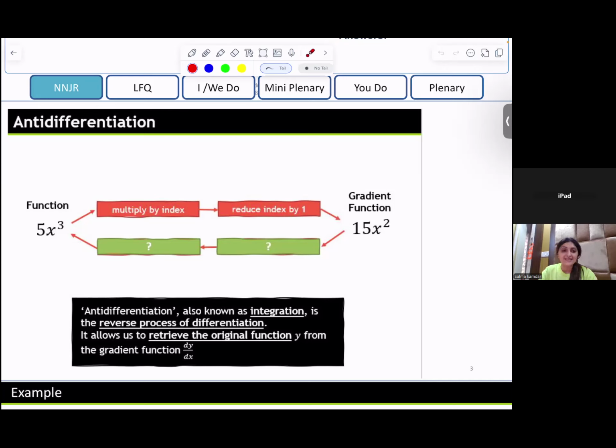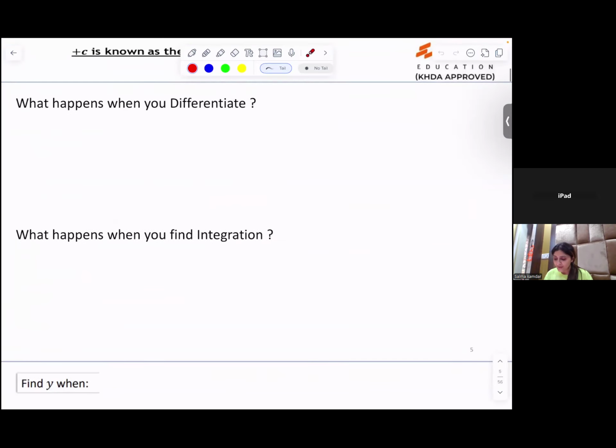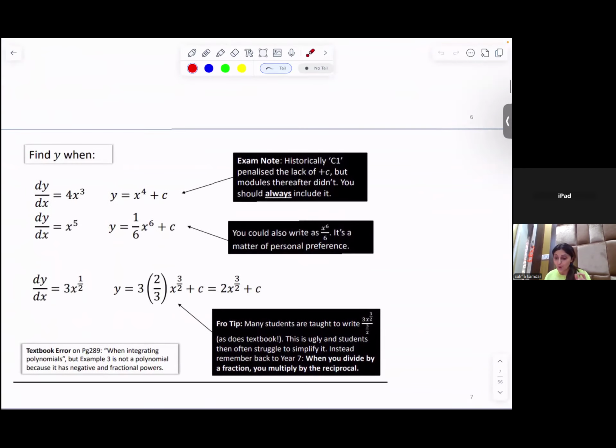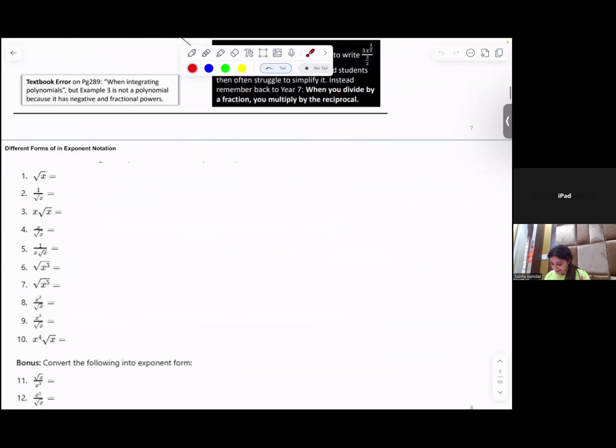So this is called anti-differentiation. Let's try and strengthen our skills of integration. You differentiate, you find the gradient. When you do integration, you get your original function, but do not forget to have the constant in place.